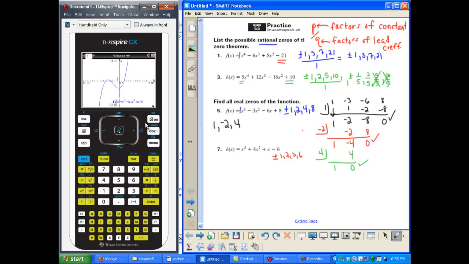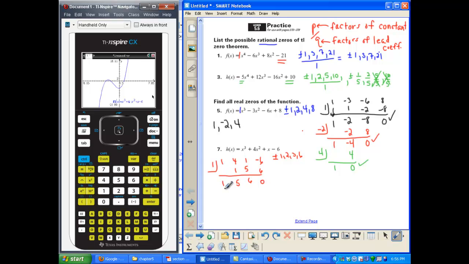So let's take a quick look at the graph. Looks like it might cross at 1, and then maybe -2, and maybe -3. Again, all numbers that do come from this list. So let's start with 1. We think it crosses at 1. Let's do the synthetic division. 1, 5, 5, 6, 6, 0.